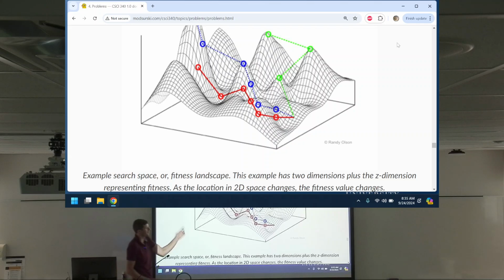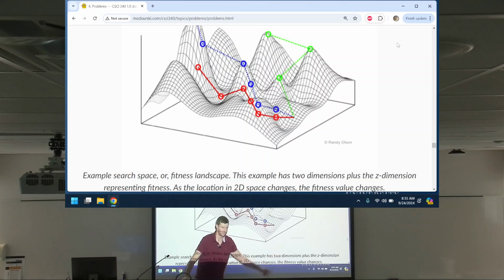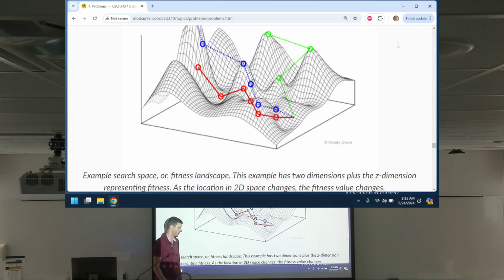This is the room, length and width of the room. And I'm always measuring the temperature immediately off the floor because I'm too lazy to deal with height. We think of the height in this graph, the z dimension, as the temperature. And as I move throughout the space, the temperature is going to change, and I want to find the highest point.